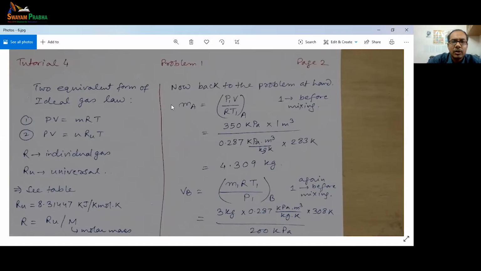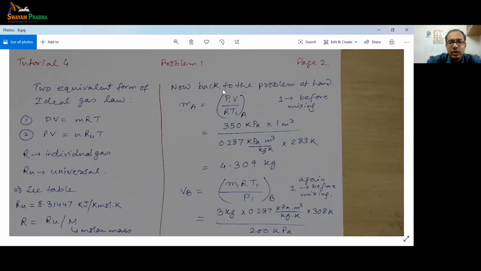So for the first tank A, we don't know the mass, but we know pressure, volume, temperature, and the gas constant. Here we see that P1, T1 are written because this is state 1. Before we have allowed the mixing, in state 1 the individual tanks are separated.